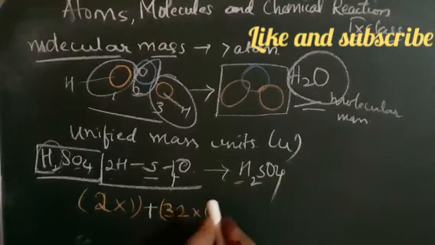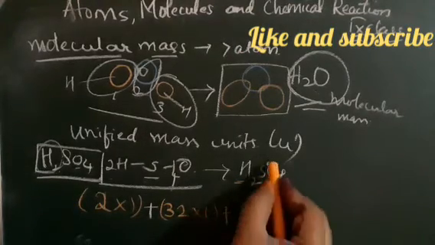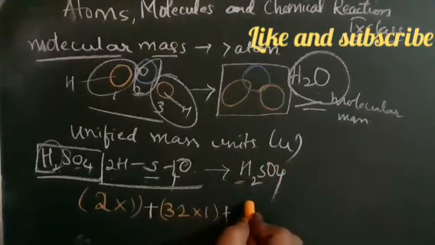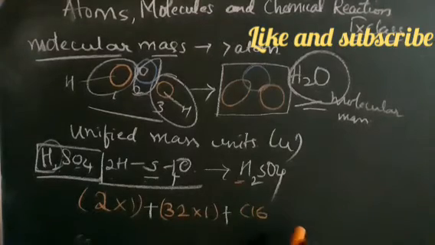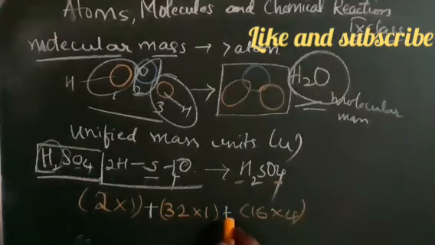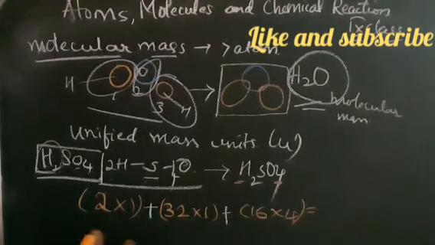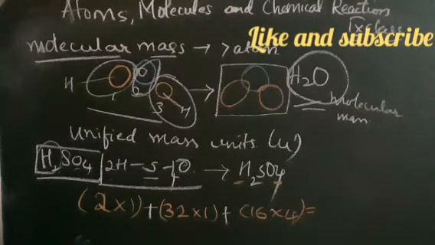Then how many oxygens are involved and what is the atomic mass of oxygen? 16 is the atomic mass of oxygen, into 4 oxygens. Now we are just going to add all these.